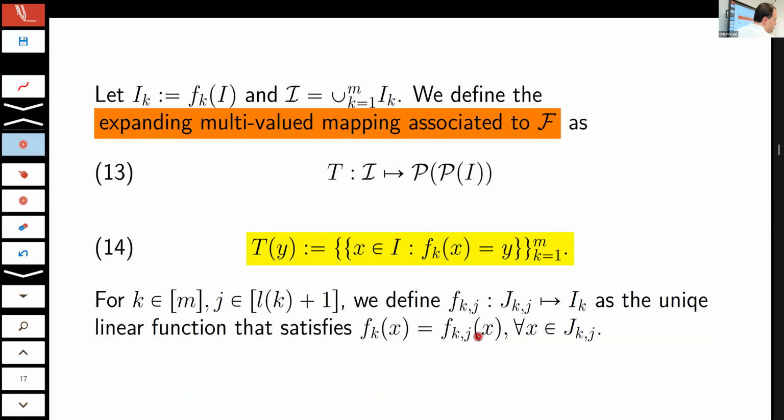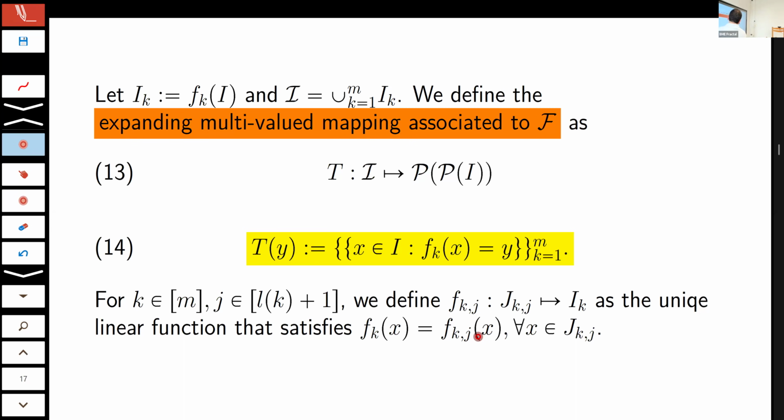So using the notation I just showed you, now I'll define a Markov diagram. First, let me call I_k the image of the supporting interval I under the function f_k, and this calligraphic I will stand for the union of all these little intervals. Now I define an expanding multi-valued mapping T the following way.